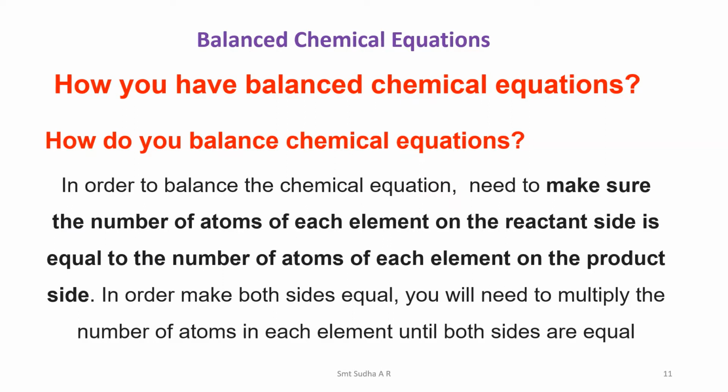First, we have noticed whether the number of atoms of each element on the reactant side is equal to the number of atoms of each element on the product side. First, you have checked it. In order to make both the sides equal, you need to multiply the numbers of atoms of each element until both sides are equal. In this way, you can balance the chemical equation, and this is the answer for these questions.